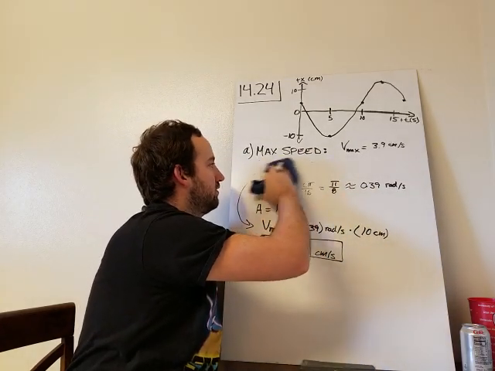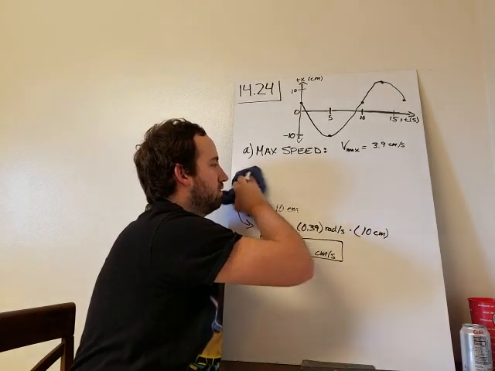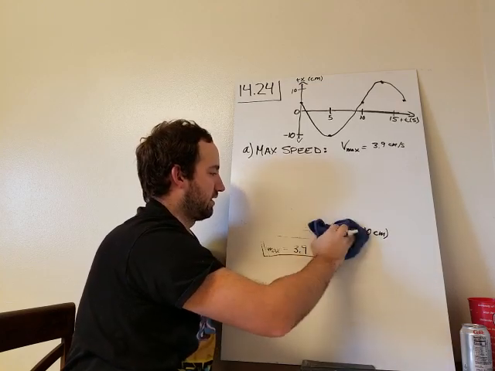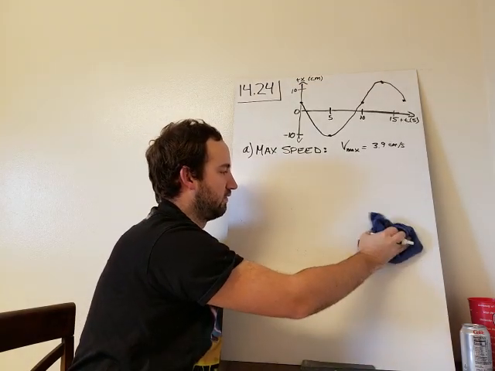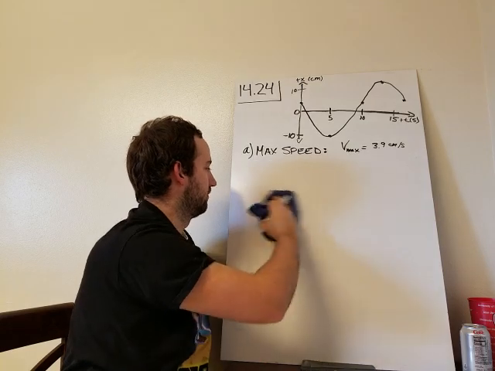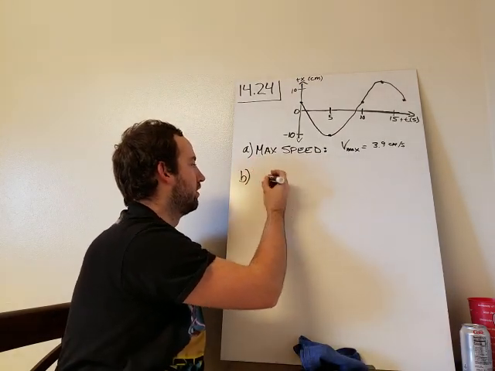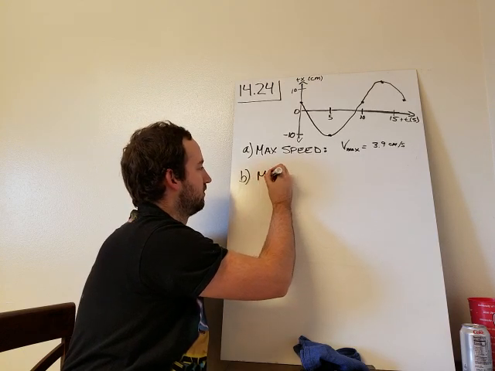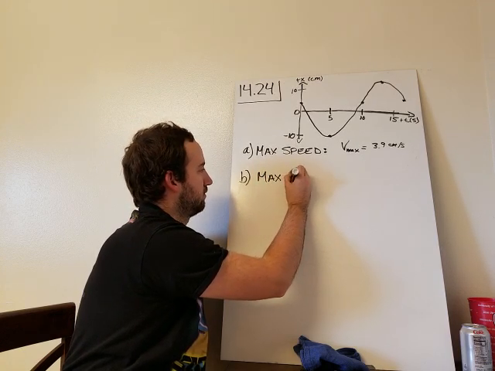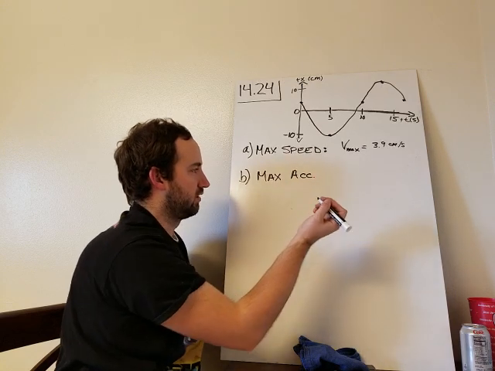All right. So now part B wants to know what the maximum acceleration is of this object. So first of all, we'll just write max acceleration.